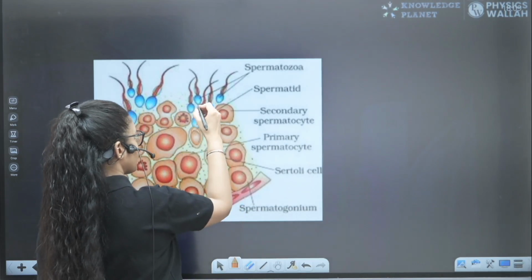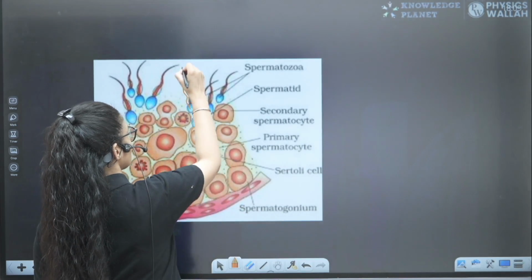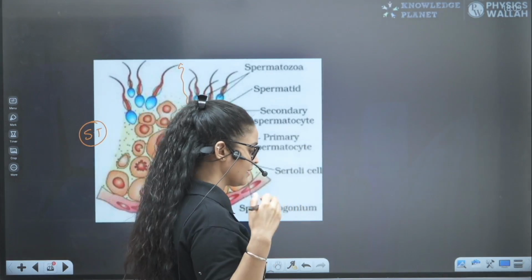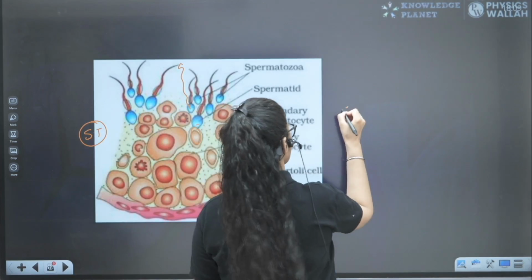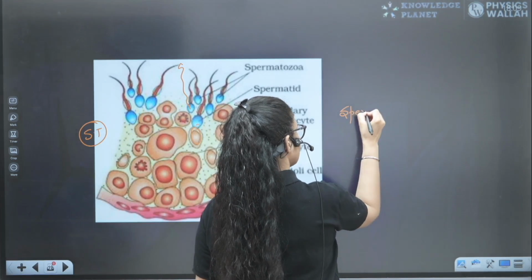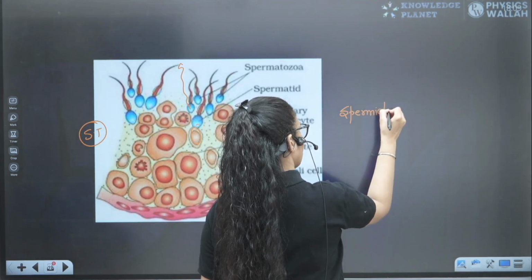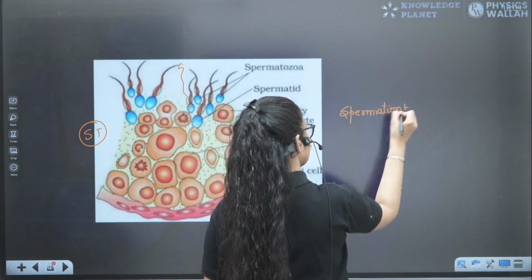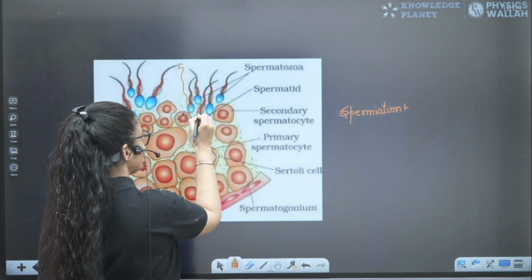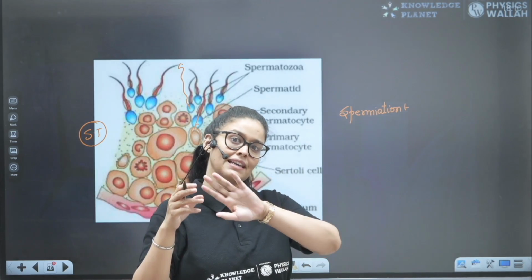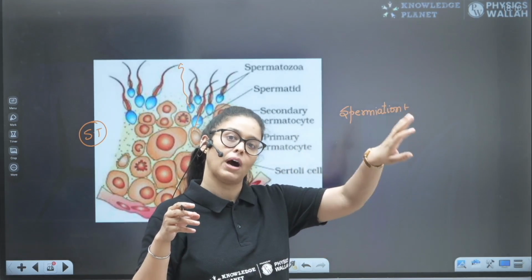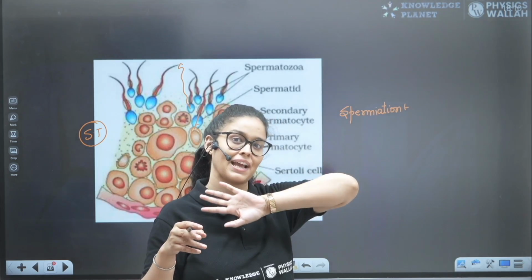After maturation, they leave the Sertoli cell and go out of the seminiferous tubule, and that process is known as spermiation. Finally, when the sperm is developed, it detaches from the Sertoli cell, leaves the seminiferous tubule and goes out to the accessory duct that we have seen.